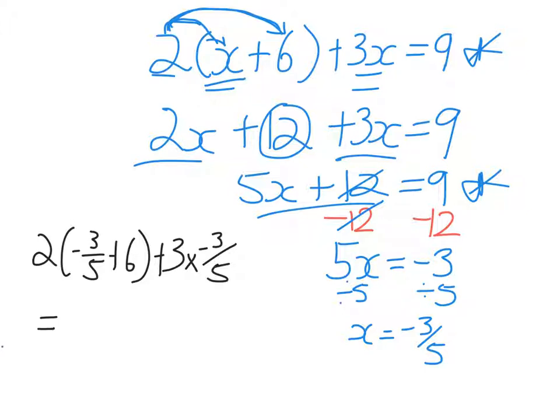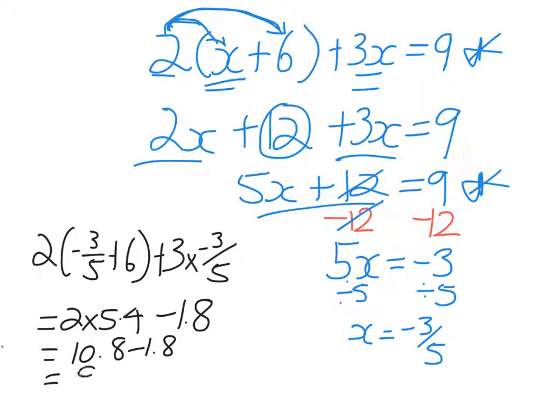Negative 3 over 5 plus 6 equals 5.4, and 2 times that is 10.8. And then 3 times negative 3 over 5 is negative 1.8. So that's just 10.8 minus 1.8, which does equal 9. I can be sure my solution is correct. So you only need to expand the brackets when x is in more than one spot.